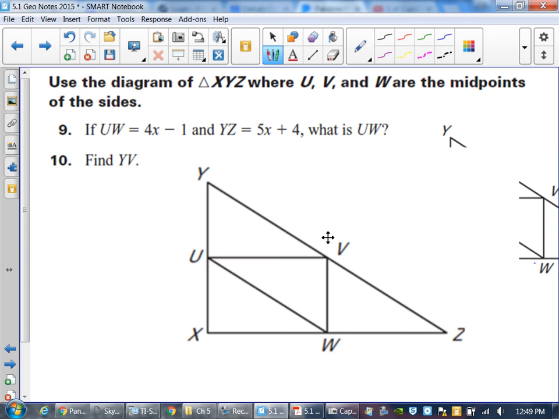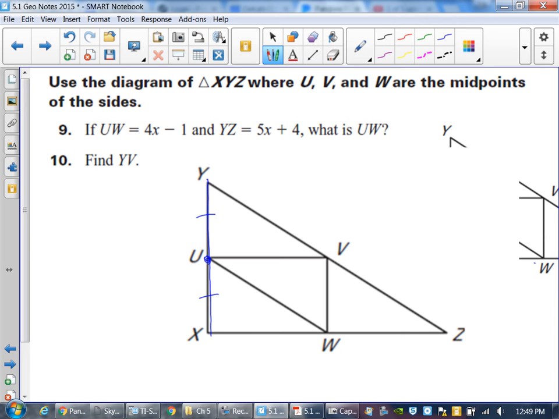When you're given information like this, your best bet is to always mark up your diagram. I'm going to show you something that's easy to see. If U is the midpoint on this side, that means we have these two segments that are congruent.